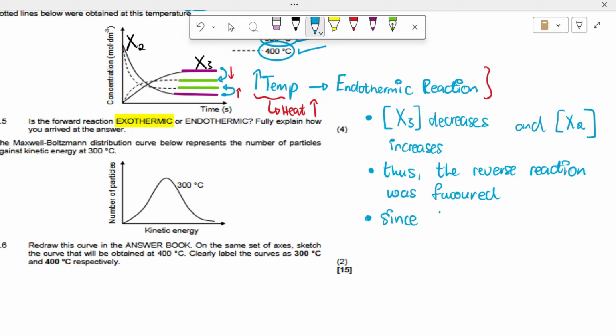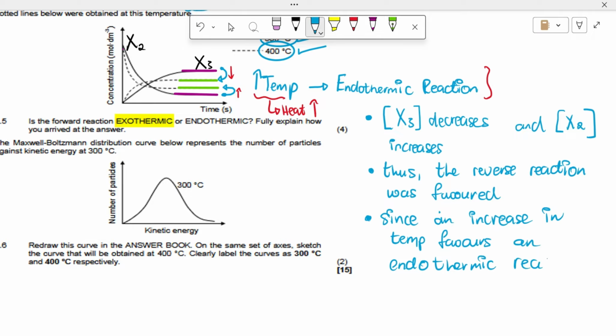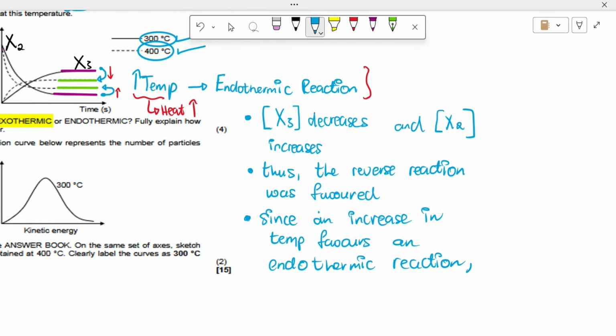Since an increase in the temperature favors an endothermic reaction, the reverse reaction was endothermic.